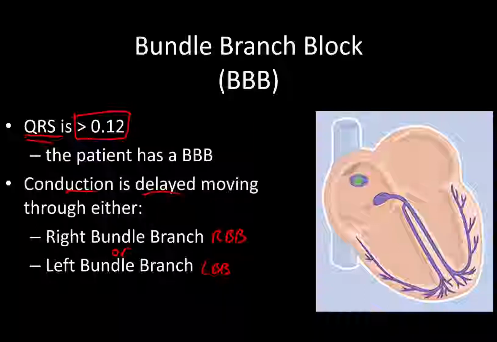That's all it takes. And this is why we've been measuring it this whole time, so that when you are going through everything and following the routine, you measure that QRS. If it's greater than 0.12, immediately you know that there's some kind of conduction delay going on with the bundle branches. As we go through the ventricular stuff, you'll learn more about that as we go. But all things being simple, just a wide QRS is all it takes.